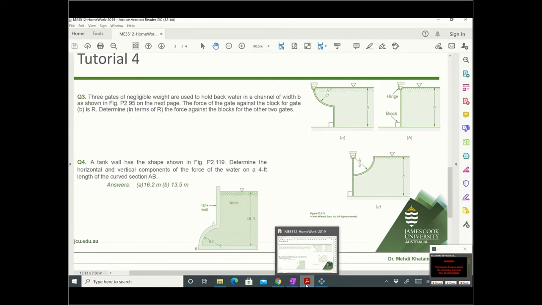The force of the block applied to the gate is R. So do the calculation for part B, find R, and then find the force of the block for these two variations in terms of R.